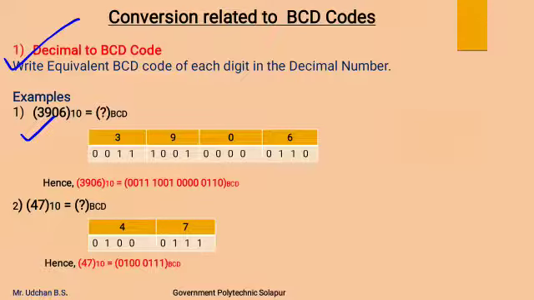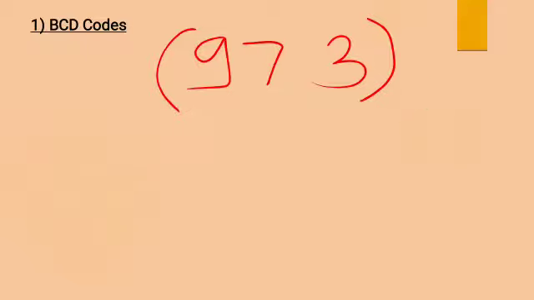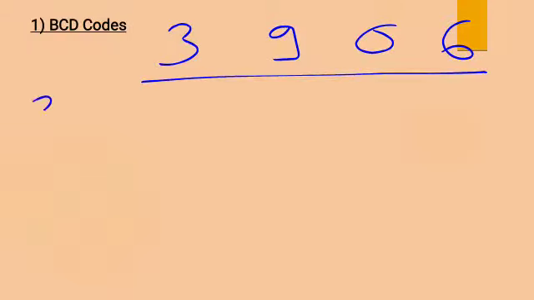So simply write BCD codes for each of the digits, that is for 3, 9, 0 and 6, which can be written as, we can write over here the BCD code for 3906. Write BCD code for each of the digits available in the given decimal number, that is for 3, for 9, for 0 and for 6, using the 8421 formula for each of the digits.